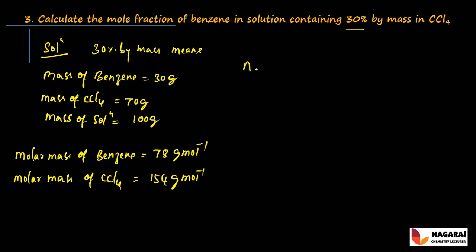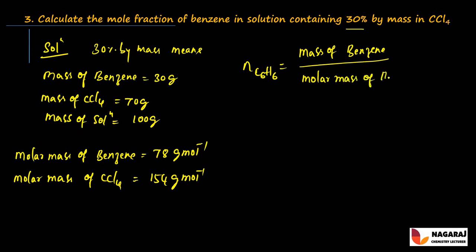The number of moles of C6H6 is equal to the mass of benzene divided by the molar mass of benzene. So the mass of benzene is 30 grams divided by the molar mass of benzene, 78 grams per mole. On simplification it gives 0.385 moles.